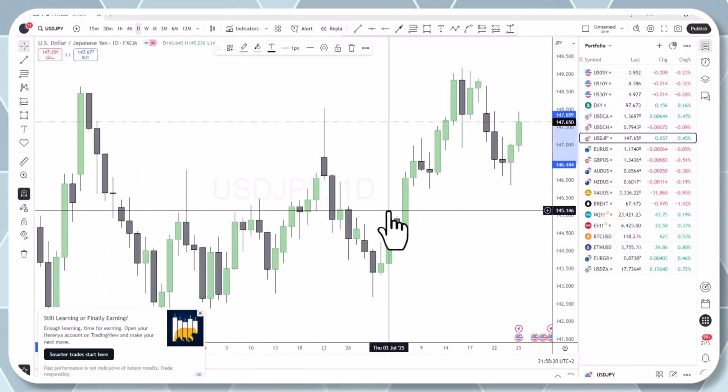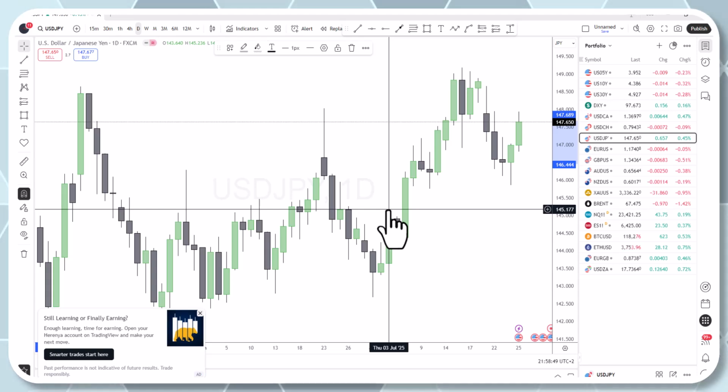Number 3 on your checklist, did it break structure, right? Number 4, was inducement present before price returned? If the answer is yes to all these 4, that's a high probability OB. So I'm talking about 1, did price sweep liquidity first? 2, did we get a strong impulsive move with imbalance?